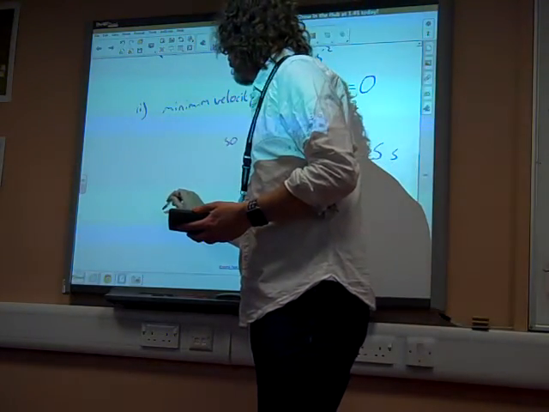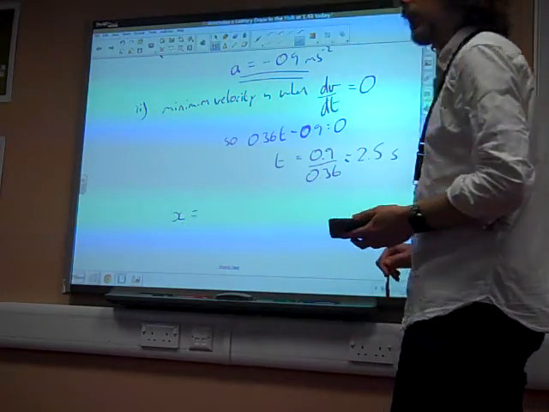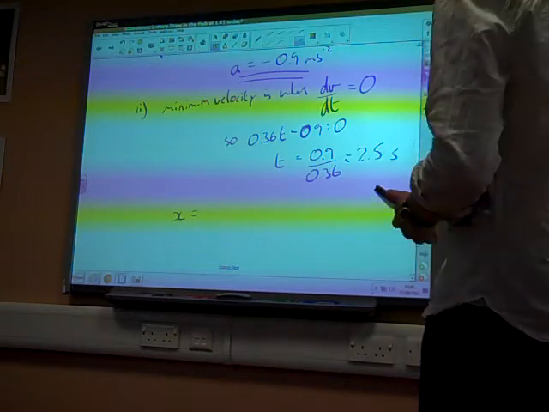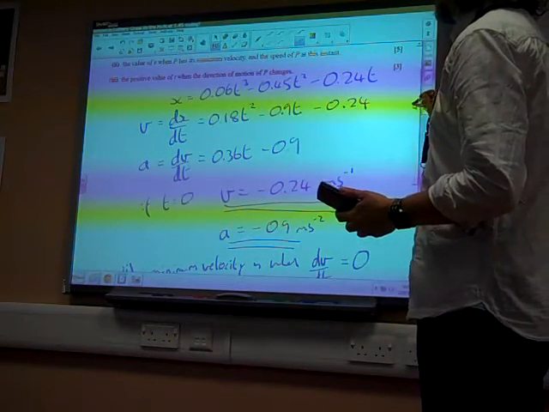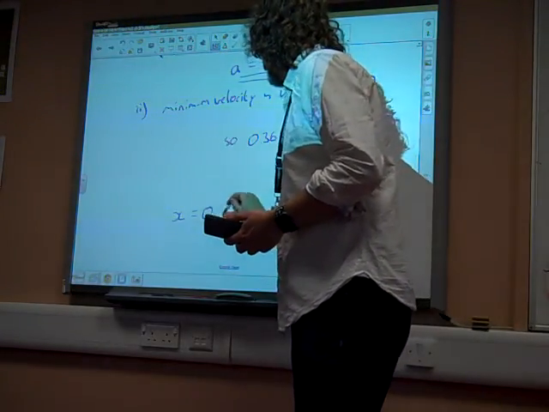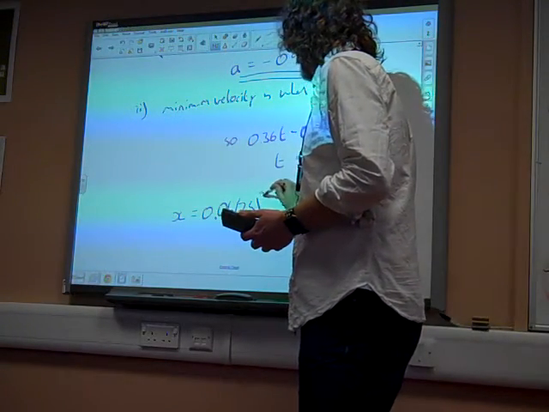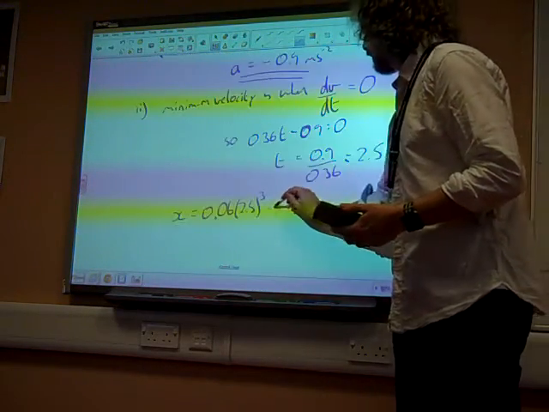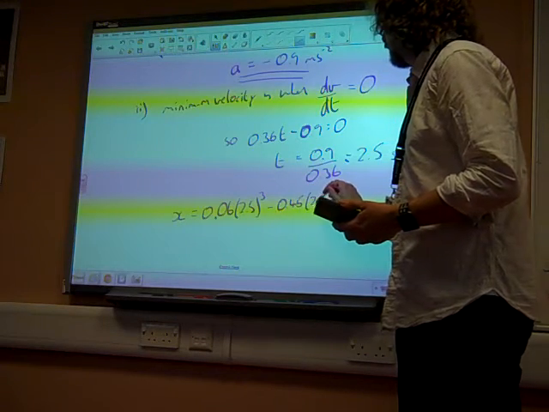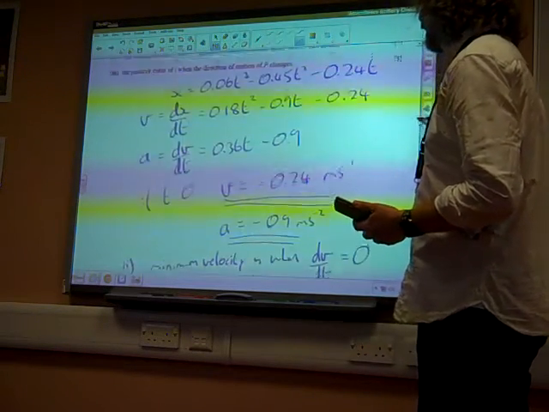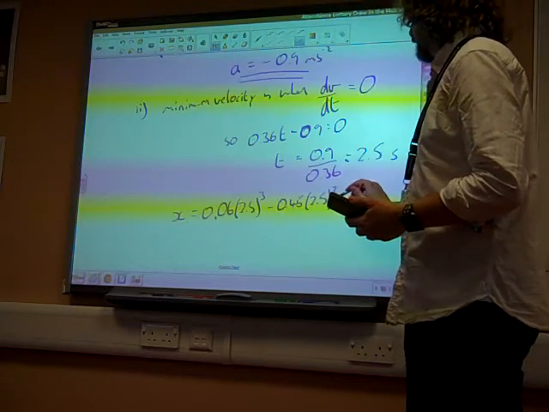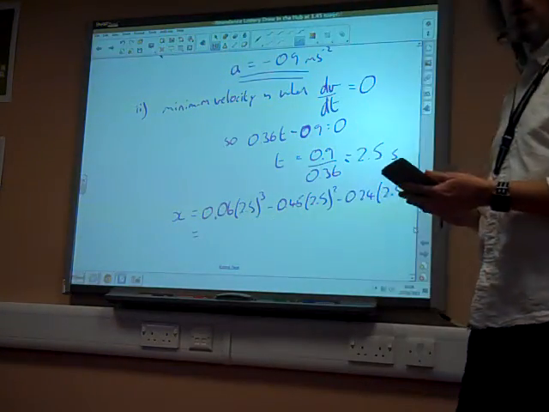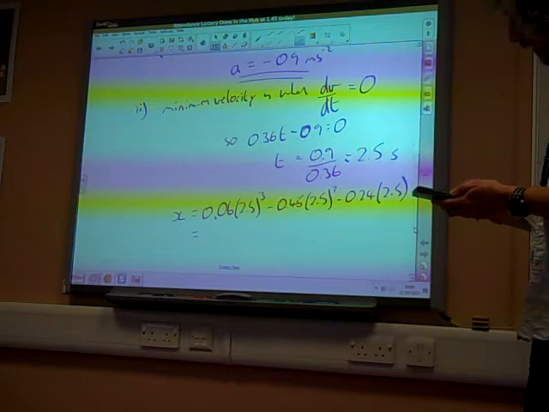At this point, if t is 2.5, x would be 0.06 times 2.5 cubed, minus 0.45 times t squared, minus 0.24 times t. So we need to be really careful how we enter all of that into the calculator.